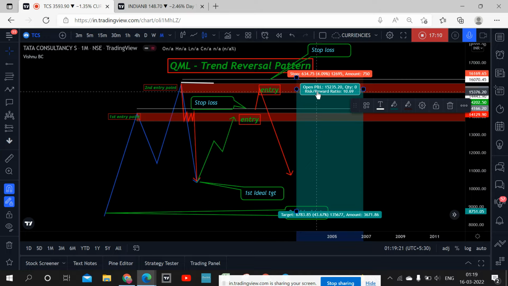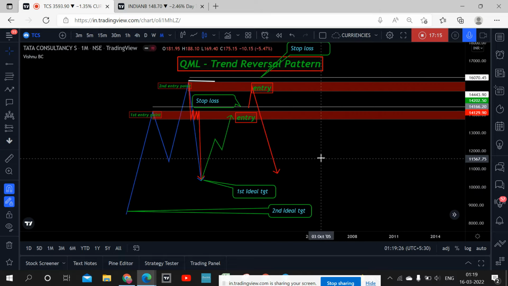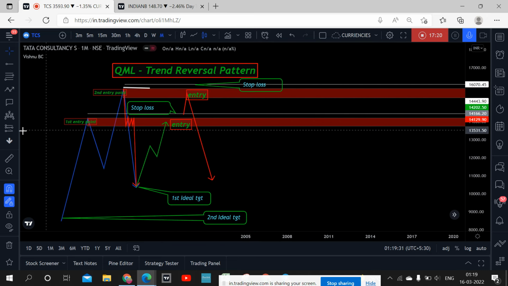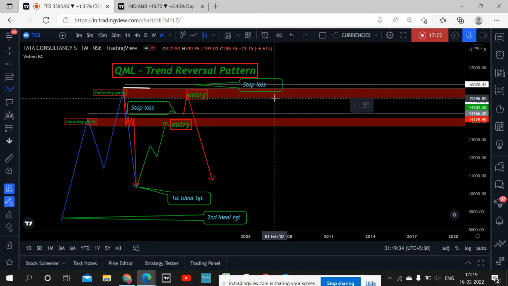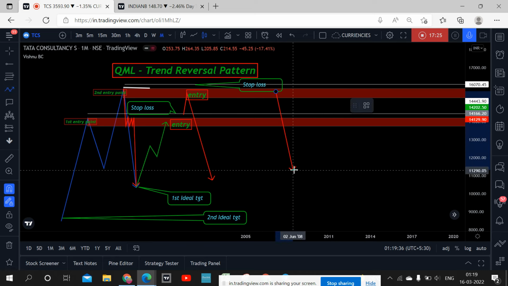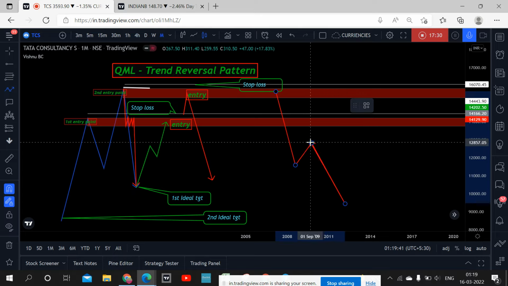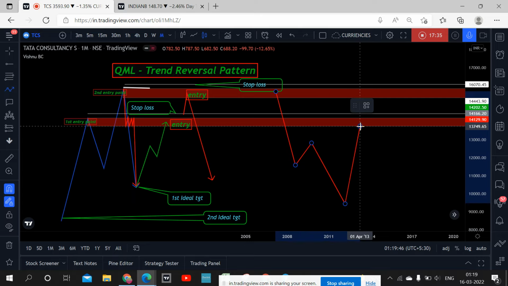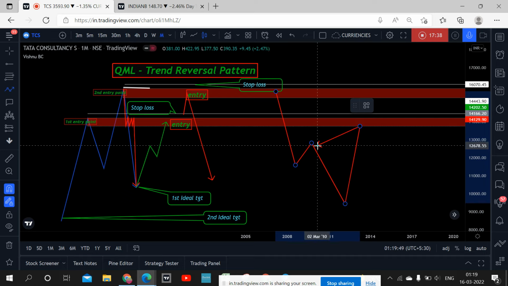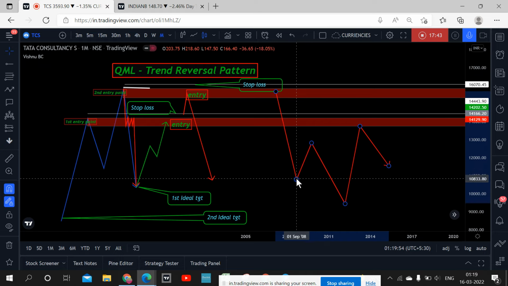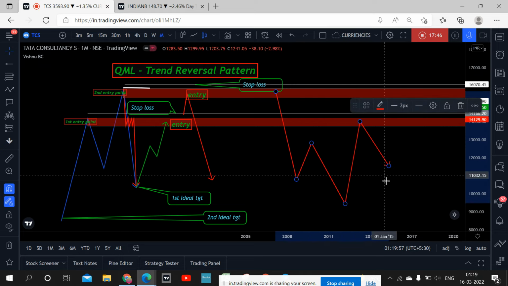Okay, the same pattern is common for the buy setup as well. The market is coming from the top. Whenever the price closes above this high, that is the first point where the trend is reversing. So what you need to do: the price will go up.